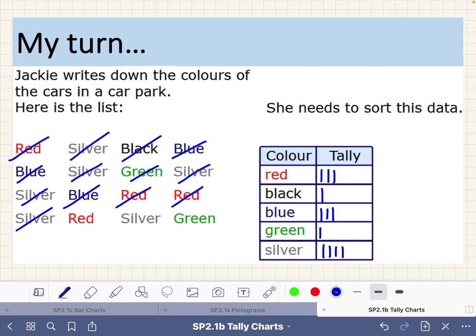Here I've reached 5, so I put a cross through to make the gate. I've completed my tally. I can now look to see what my frequency would be.